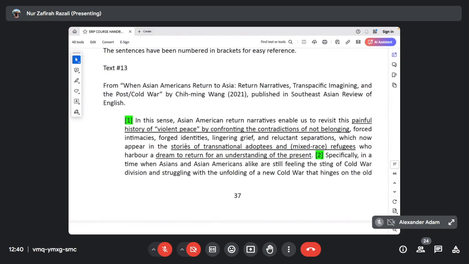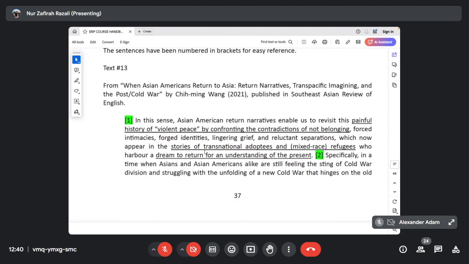Okay, these are nominal phrases. The same goes for stories of transnational adoptees and mixed race refugees. So stories here is a noun, the preposition of as the linkage, and transnational adoptees and mixed race refugees being another noun. A dream to return for an understanding of the present. A dream to return is a noun. A dream to return, for the preposition for, an understanding of the present.